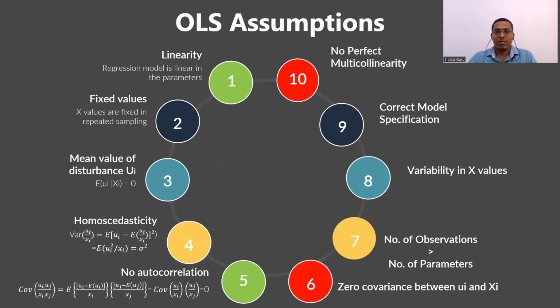If it becomes a perfect relationship, it would be very difficult first of all to isolate the individual impact of different x variables, since one variable would be acting on the dependent variable because of its relation to another. So disaggregating the individual impact of independent variables becomes very difficult if there is perfect multicollinearity.